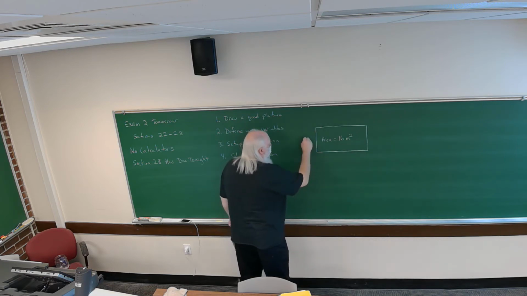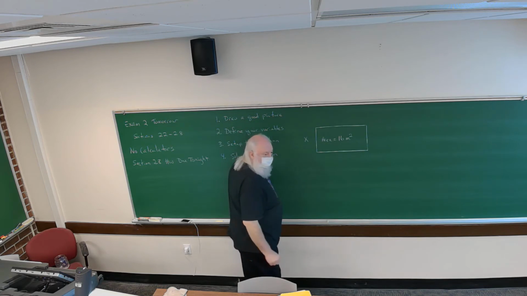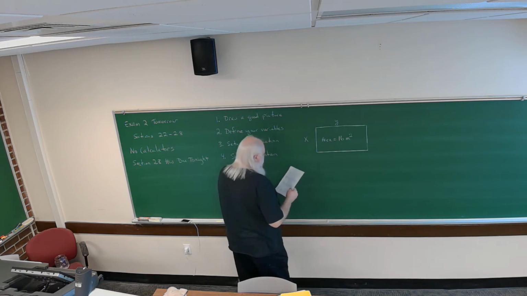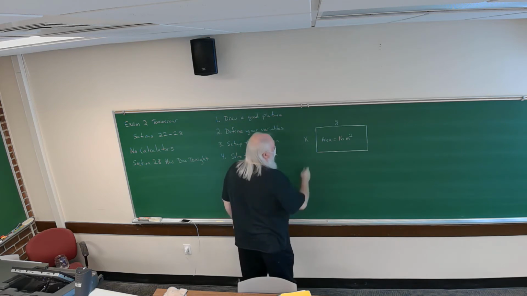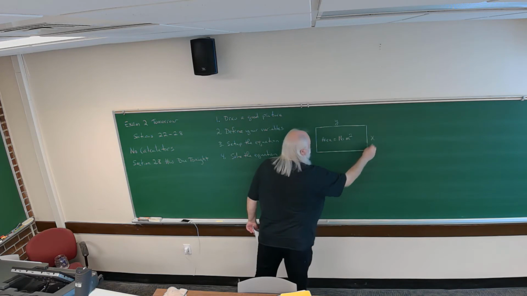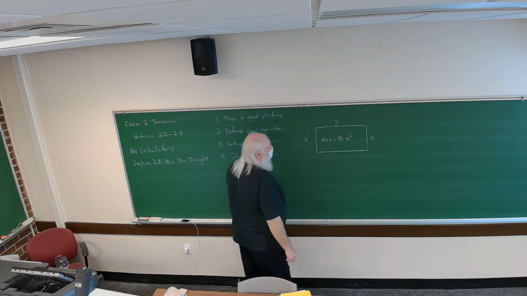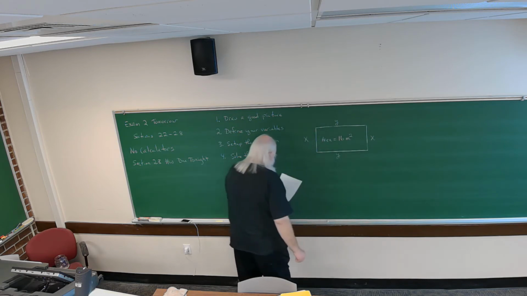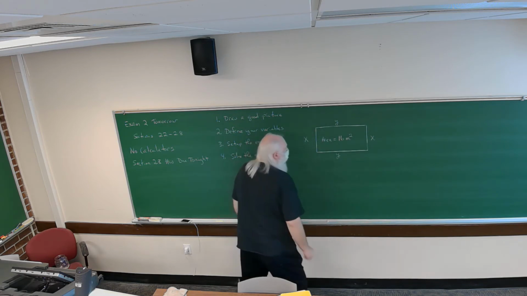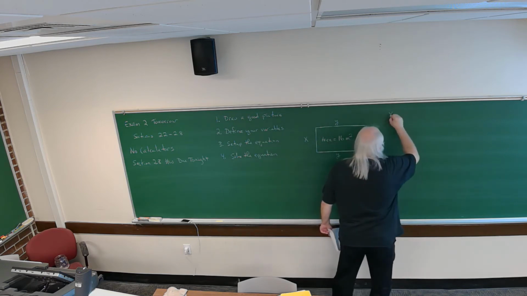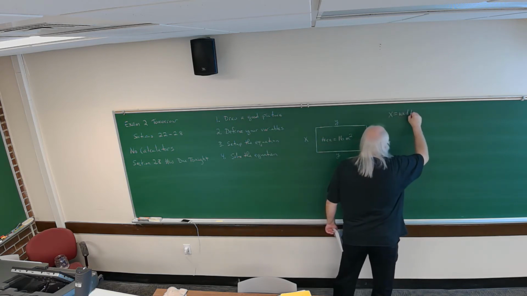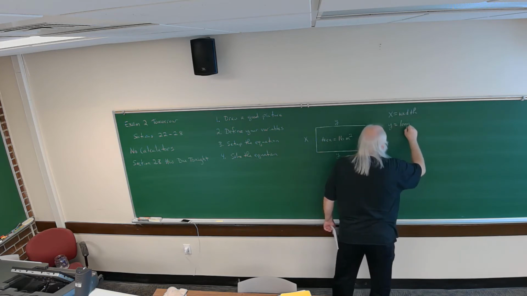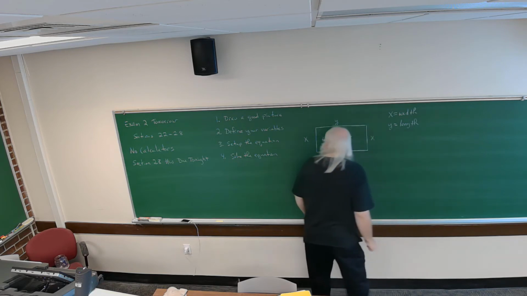I'm going to let X represent the width of the rectangle and Y represent the length. These two sides of the rectangle have length X, and the top and the bottom have length Y.